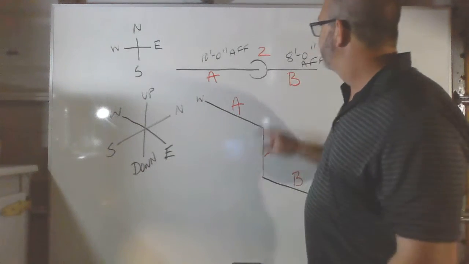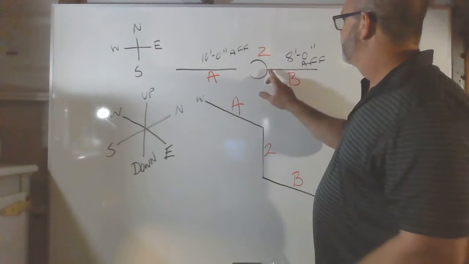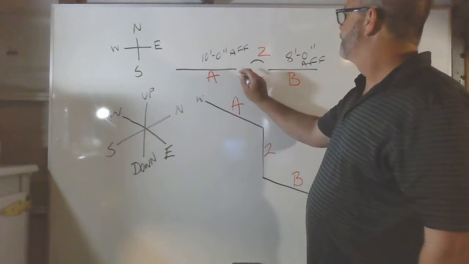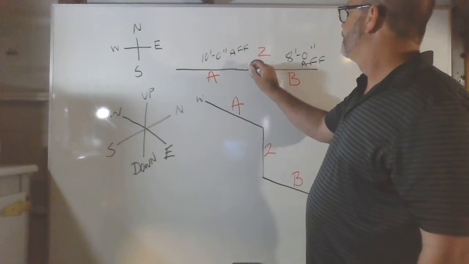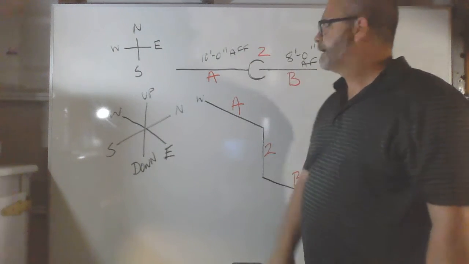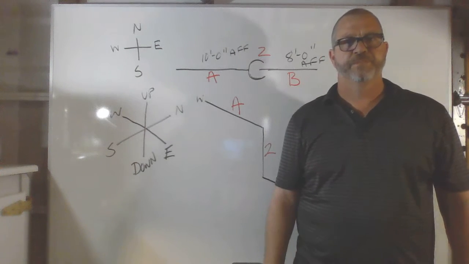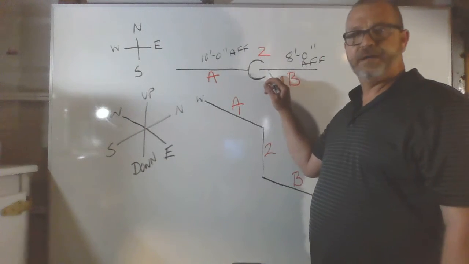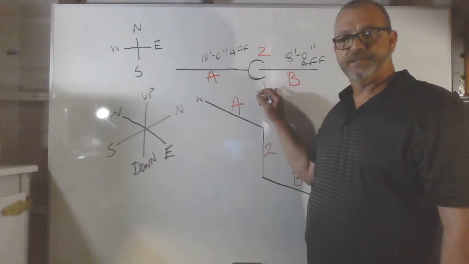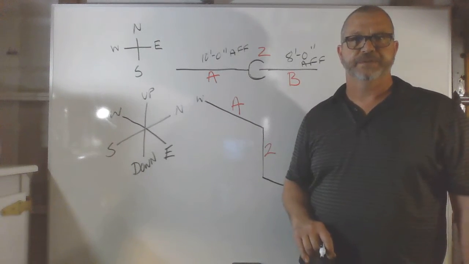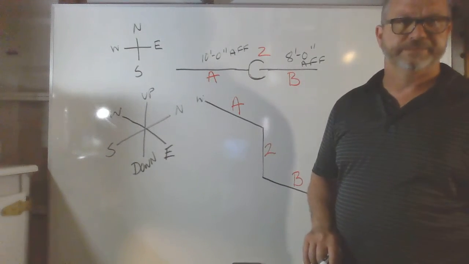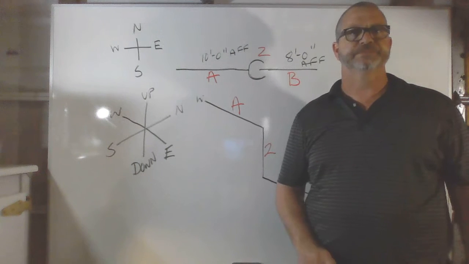Now, if I do that, this is the high one. This is the low one. This is 8 feet. This is 10 feet. Okay? These two statements are not true anymore. They're not true.